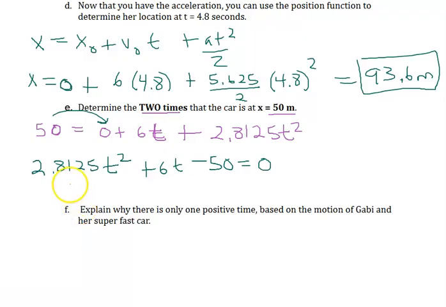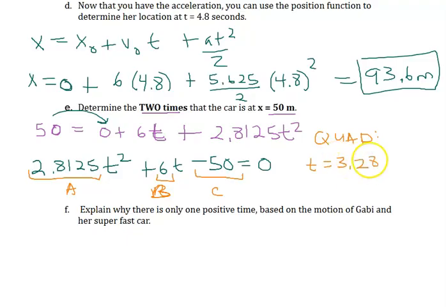So that we can see this is A, this is B, this is C, and put that into your quad solver and you get t equals 3.28 and a negative 5.42 seconds.